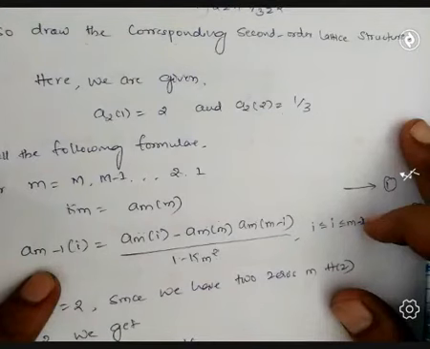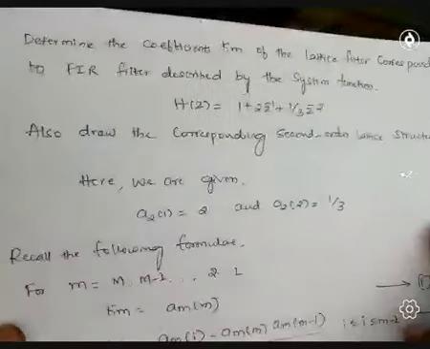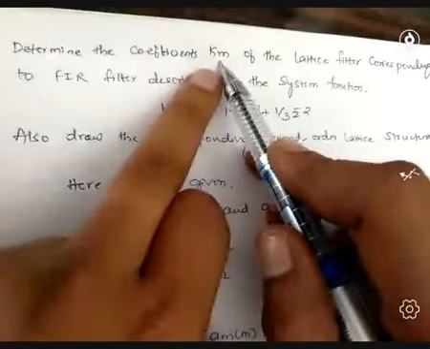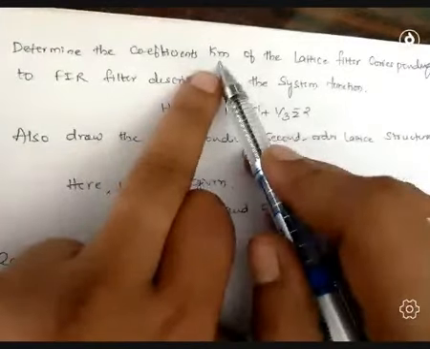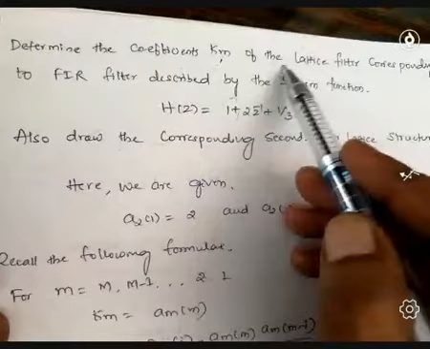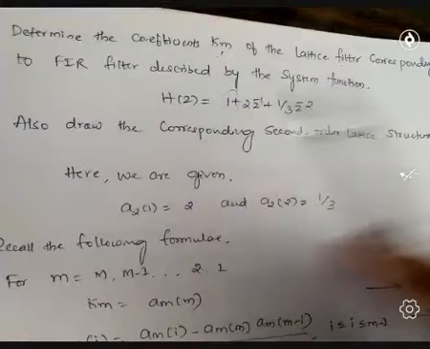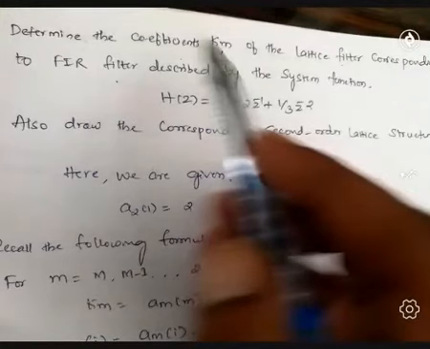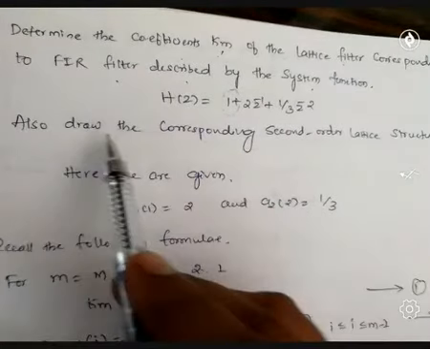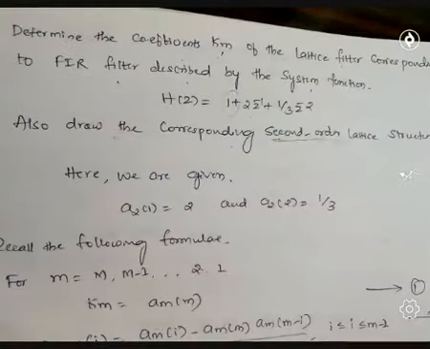First example, let us take: determine the coefficients km, where the k value is present in the lattice structure. Determine the coefficients km of the lattice filter corresponding to the FIR filter described by the system function, and also draw the corresponding second order lattice structure.